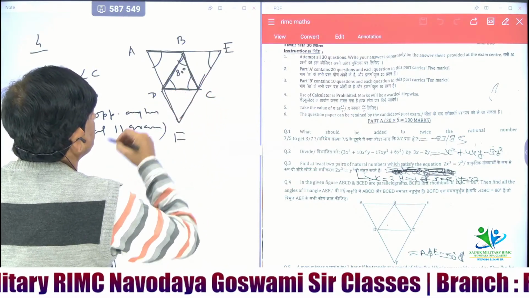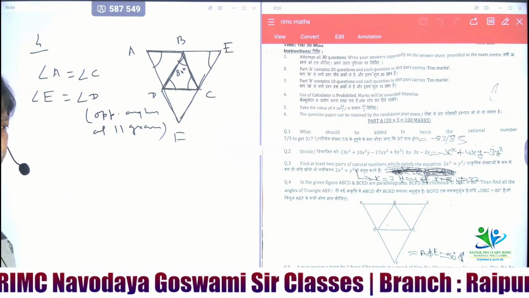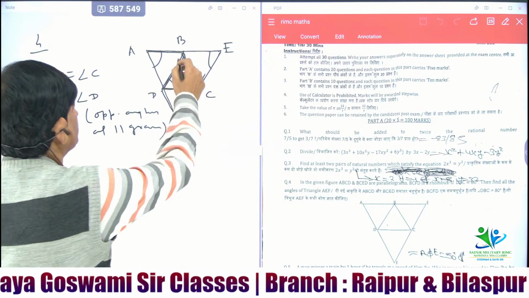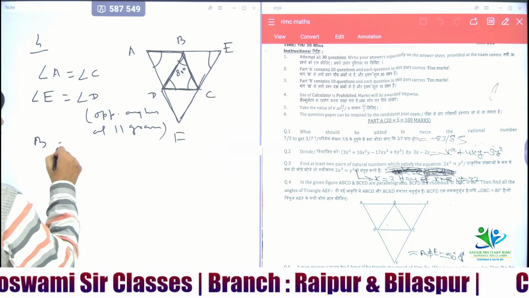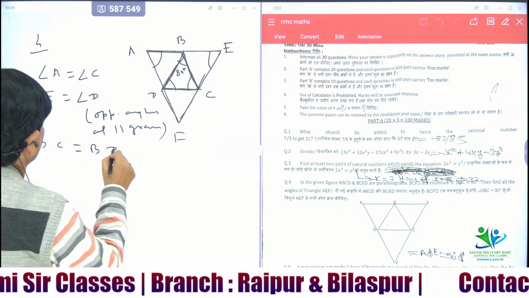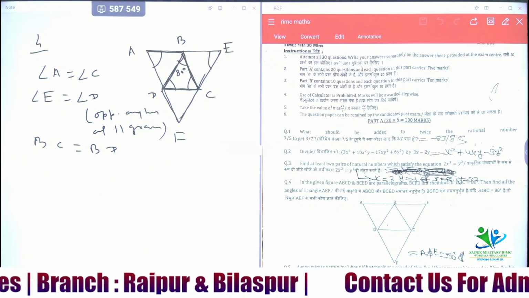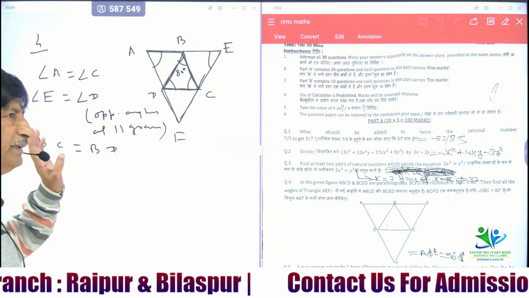BCFD is the rhombus, and you know that in a rhombus all four sides are equal. That means BC is equal to BD because all sides of the rhombus are equal.